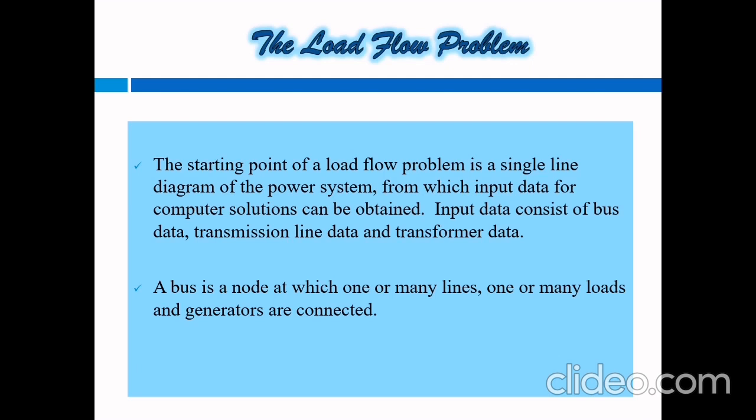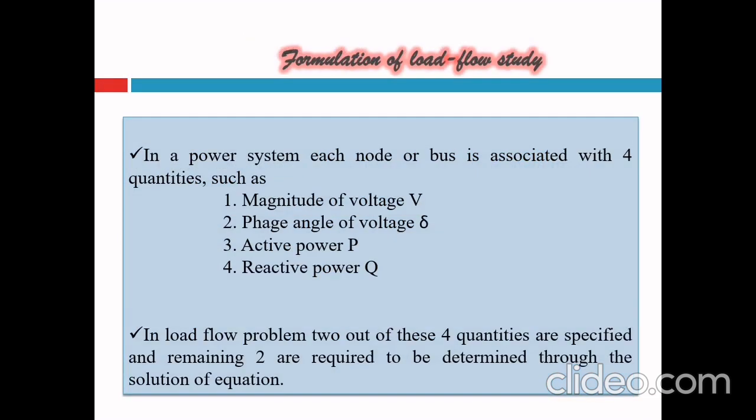Then a bus is a node at which one or many lines are connected. A bus is nothing but a junction, is it not? So many lines, loads, and generators are connected to it. That is a bus. And in a power system, each node or bus is associated with 4 quantities.